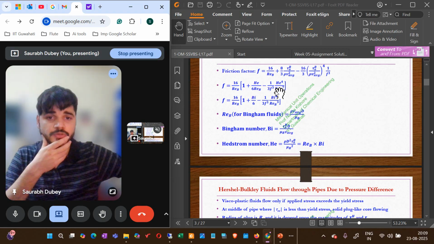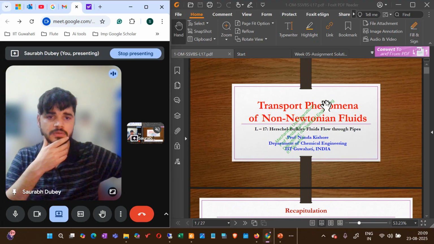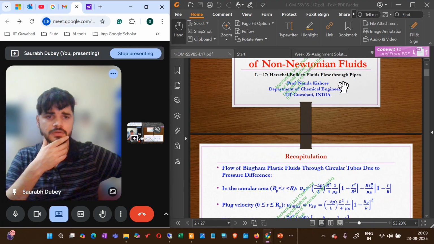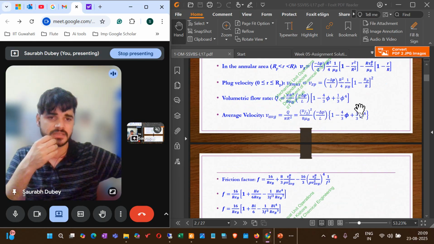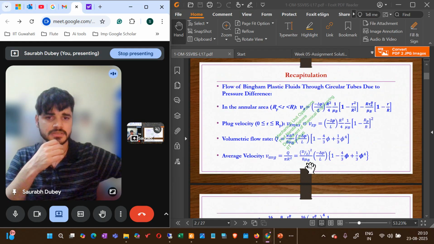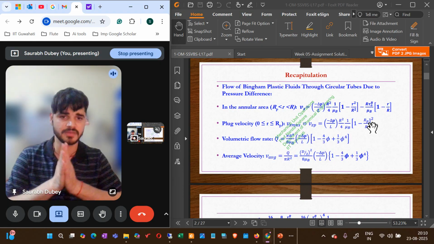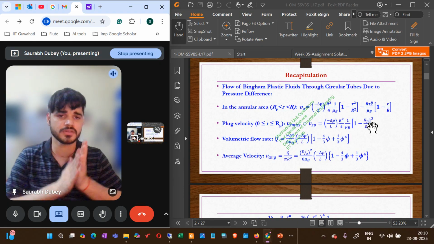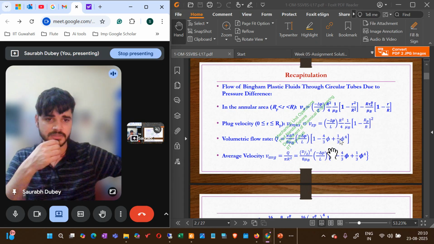Okay, so what I'm saying is, if you see this partial Herschel-Bulkley fluid flow through pipe, this was the revision of the last lecture where you had this Bingham fluid. There you derived the velocity in the central region. There is a plug velocity, and then there is a velocity profile, kind of parabolic, in the annular region. Then there was this volumetric flow rate calculation, which was depending on this phi.